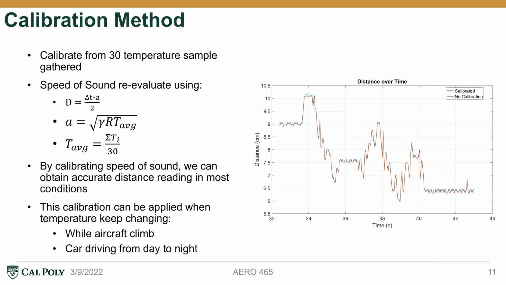From the corrected speed of sound, we are able to calculate the distance. Calibrating the temperature to correct the speed of sound is applicable when the temperature changes, especially for any aircraft that climbs, or a car driving from day to night.